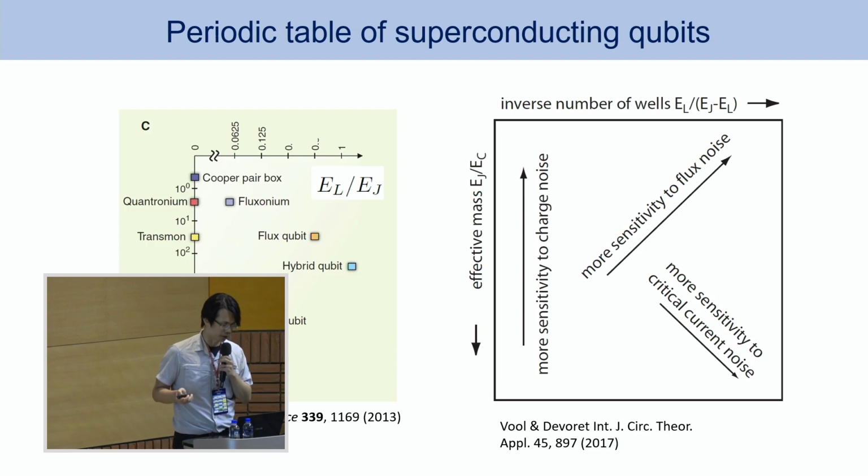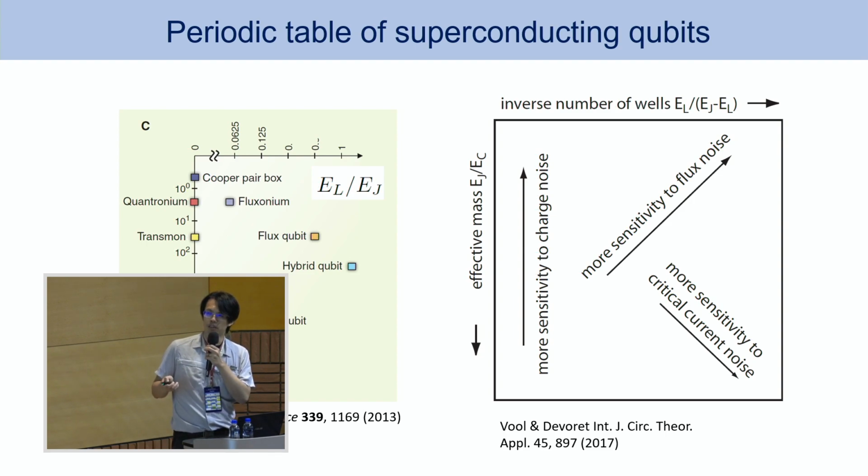And therefore we have this periodic table that was proposed in 2013 in the Science paper, such that the ratios of EL and EJ, and EJ and EC, just decide what kind of qubit you have. One of the important things associated with the ratios of these parameters is how sensitive these qubits are to various different noise.